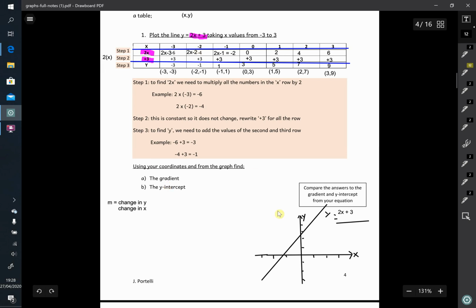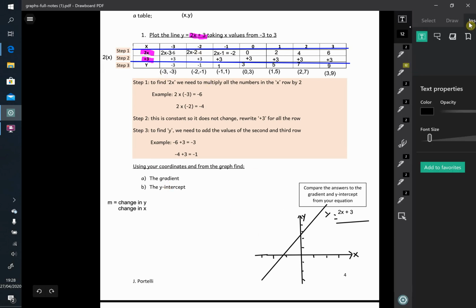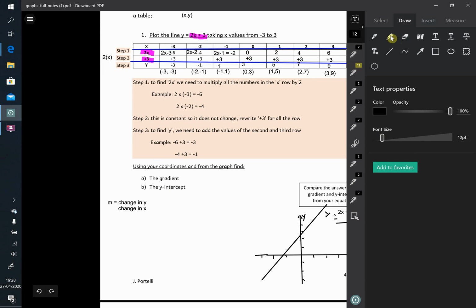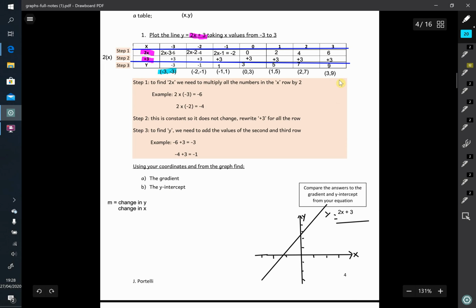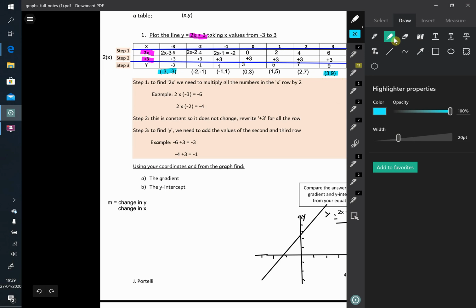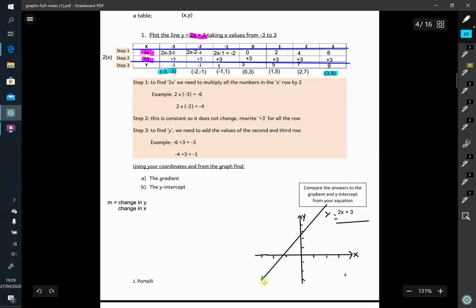You can take the first one over here. Let me use a different highlighter, let me use blue. You can use the first one and the last one. To show that you're using your graph, you need to make sure you mark them. So let me do it with a highlighter, the first and the last one.